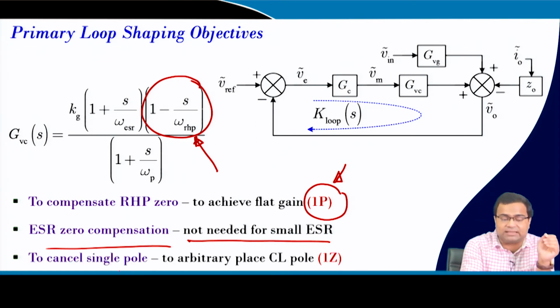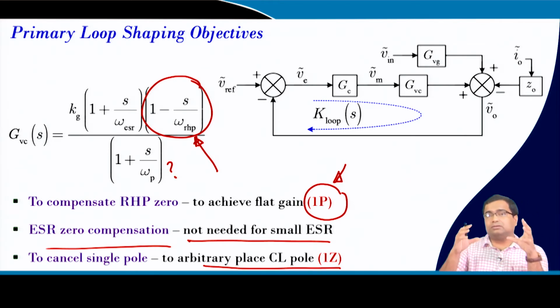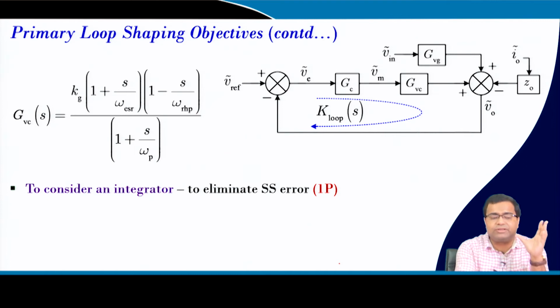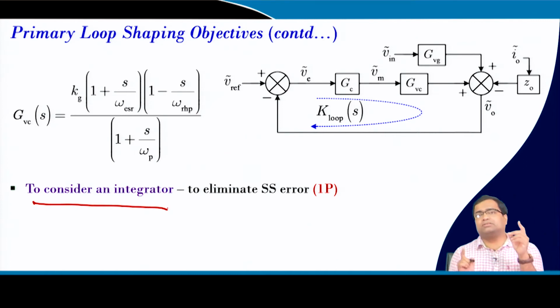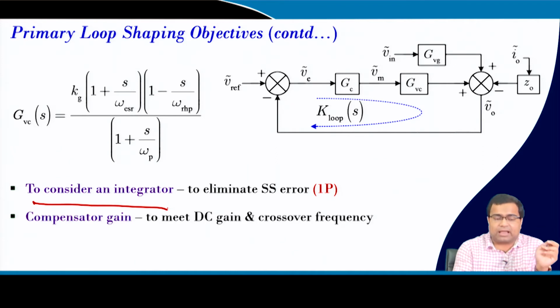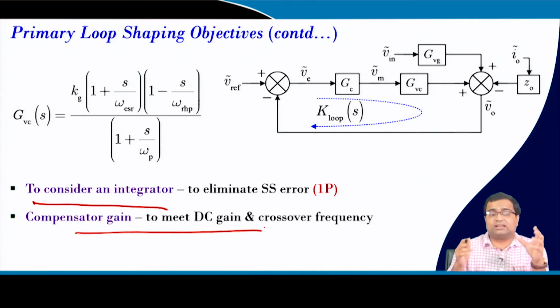And then we need to cancel the single pole here by means of a controller zero. Now we also need to consider one integrator, because the integrator is needed to achieve close to zero steady state error, or basically to achieve very high DC loop gain. And then the DC gain of the compensator is required to meet a certain crossover frequency. That we will discuss in the design process.